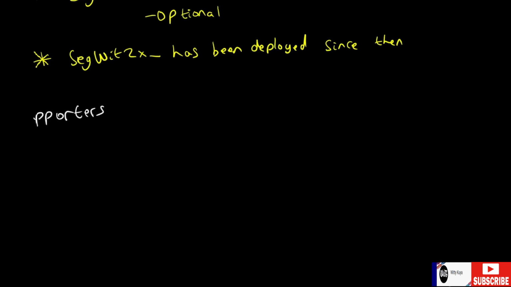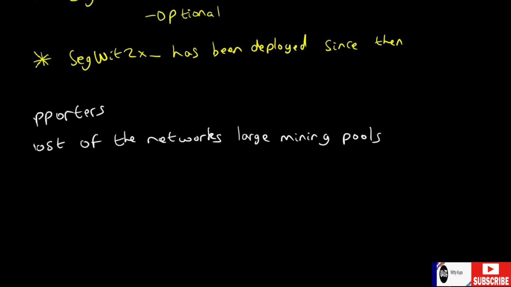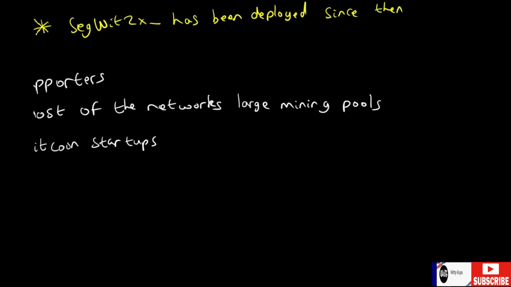They are most of the large mining pools. So most of the large mining pools are in favor of this. A lot of Bitcoin startups, because ultimately it helps their lives, because they've got plenty to deal with just from a business perspective, forgetting about the actual technology of Bitcoin, so it helps them.